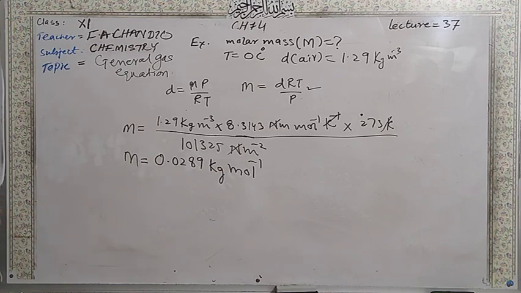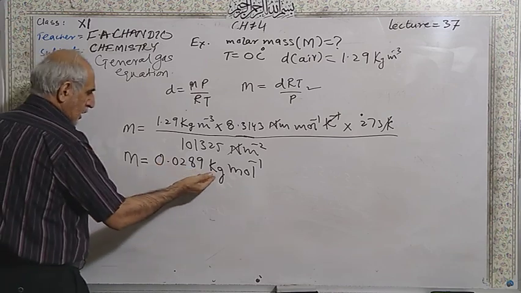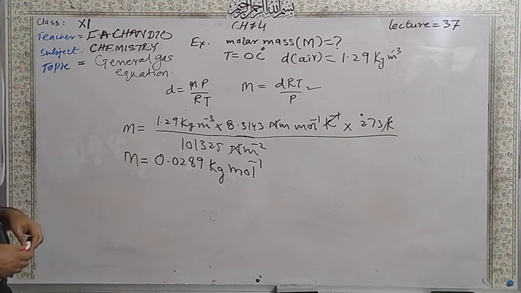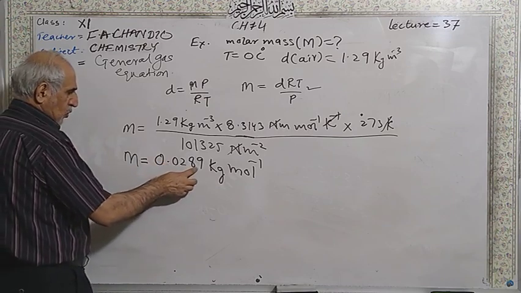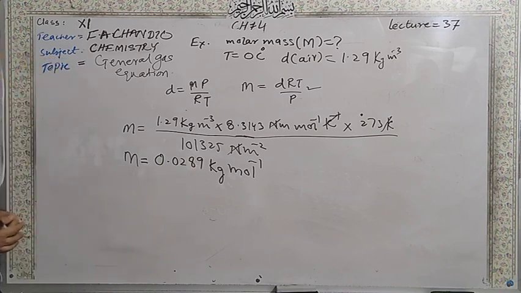This is the unit of molar mass. If you are going to calculate in grams, multiply by 1000, so 28.9 grams per mole.